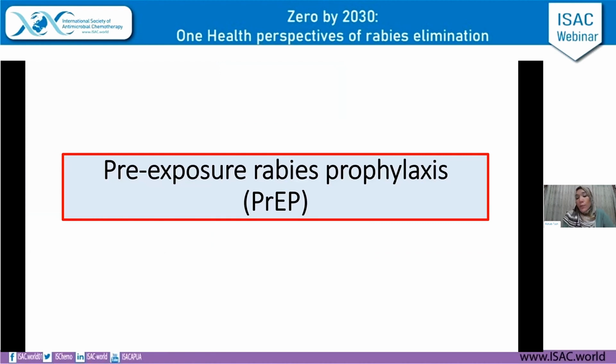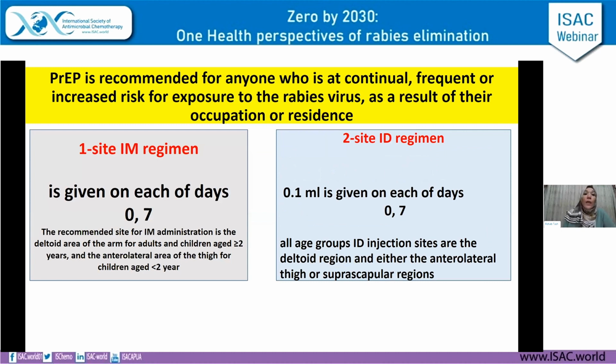For people who have risk of exposure to rabies, we should give pre-exposure rabies prophylaxis. The vaccination is recommended for all ages. It's safe and cost-effective. Now there are calls to generalize the rabies vaccine for children in rabies endemic areas.